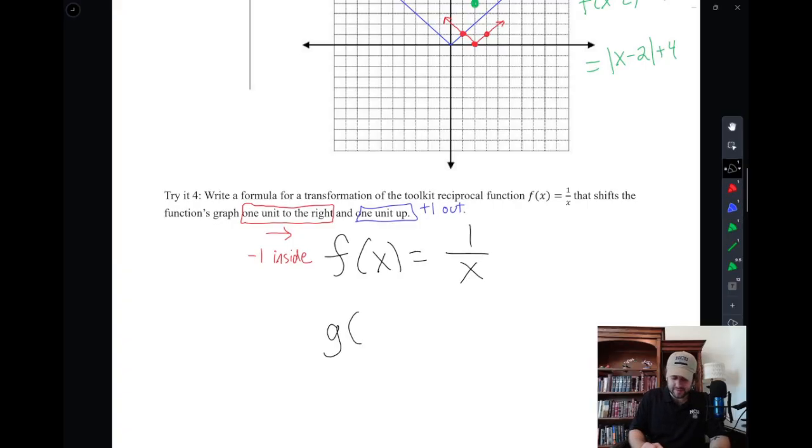And so g of x, my transformation if we want to call it, will be, well, there's no real inside because there's no square root or absolute value. Inside means inside what the function's doing. And so our inside, quote unquote, is going to be on the bottom of the rational function. And so we'll have x minus 1 being our horizontal shift, 1 unit to the right, and plus 1 being our vertical shift.